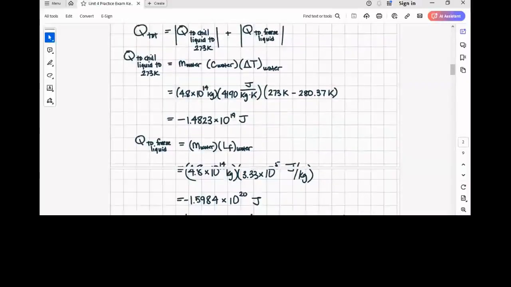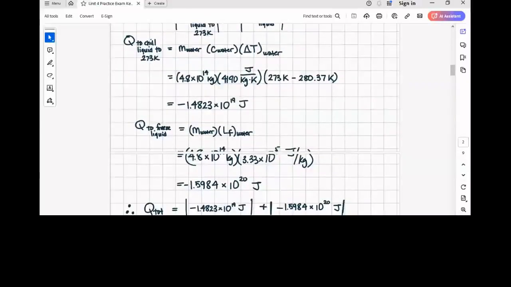Next, we can move on to the heat that has to be lost in order for the liquid to freeze. That's just going to be the mass of the water times latent heat of fusion for that water. So I apologize for the pagination getting a little awkward here, but this is 4.8 times 10 to the 14 kilograms times 3.33 times 10 to the positive 5 joules per kilogram.